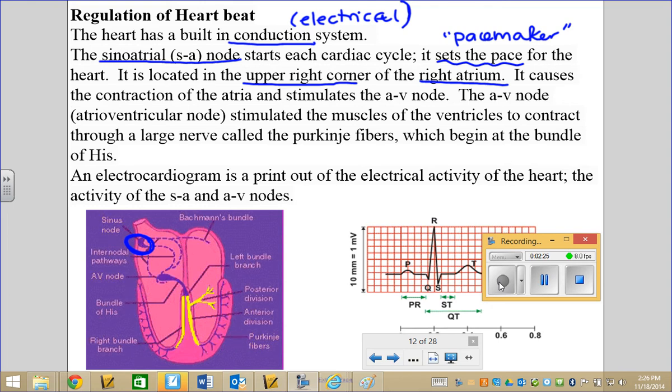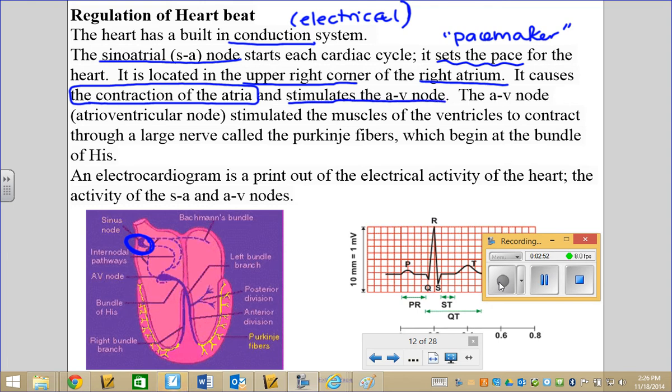But your sinoatrial node receives a signal, and then it sends the signal on to other places. So if you take a look, the sinoatrial or SA node causes two things: the contraction of the atria and it stimulates the next node down the pathway.